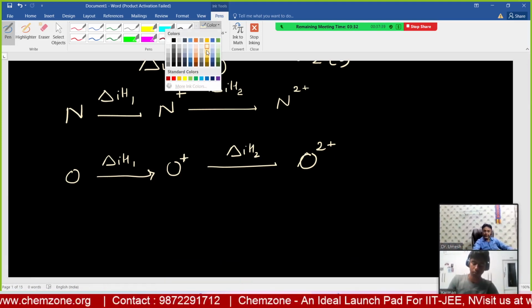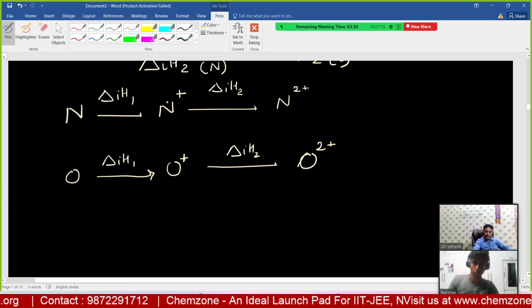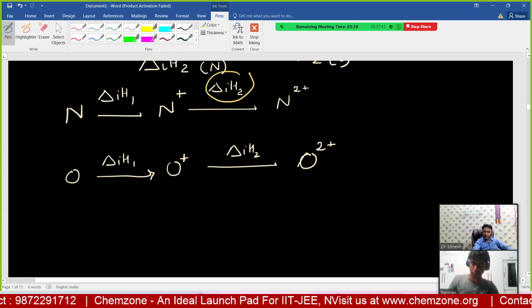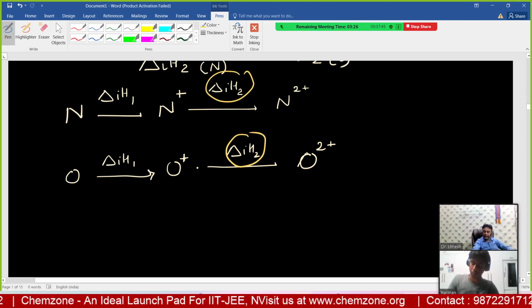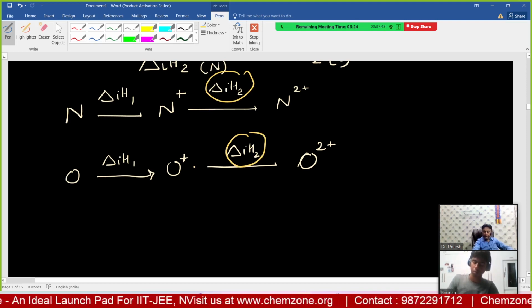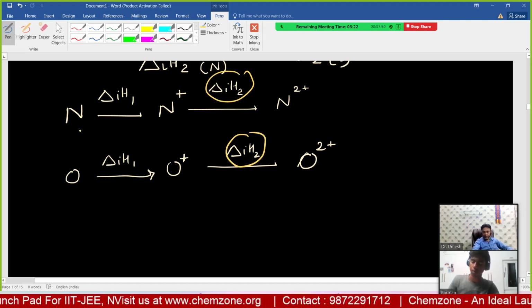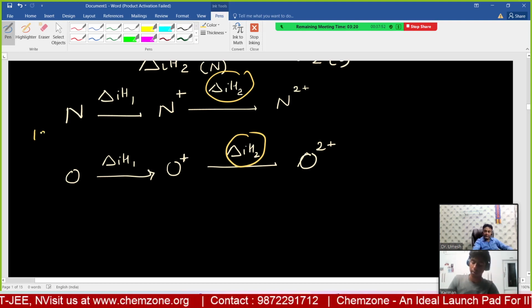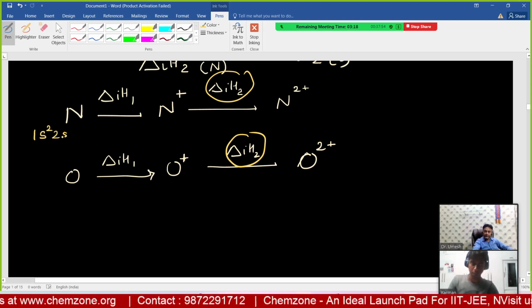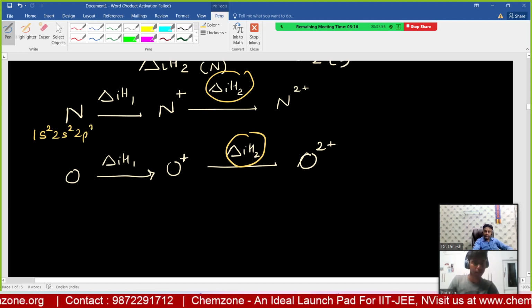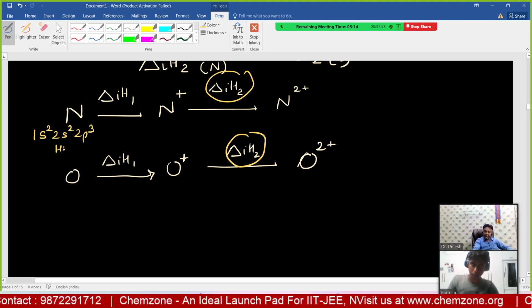I have to compare the enthalpy of ionization for the second of nitrogen and the second of oxygen, which is a higher value. See the electronic configuration of nitrogen: 1s2, 2s2, and 2p3, which is half filled.